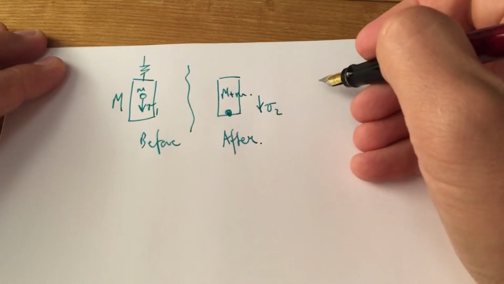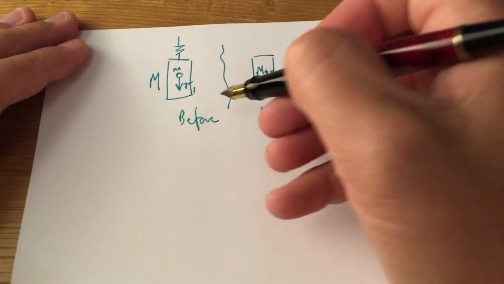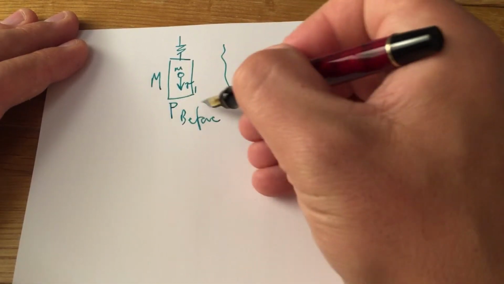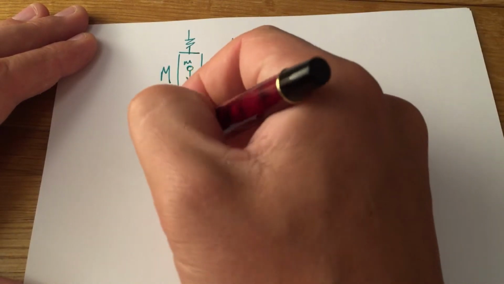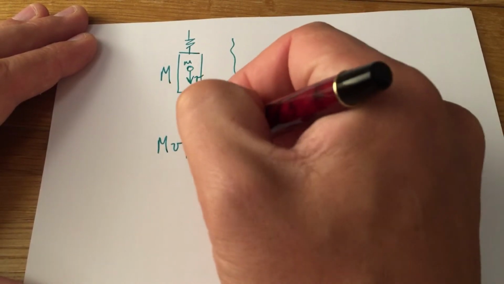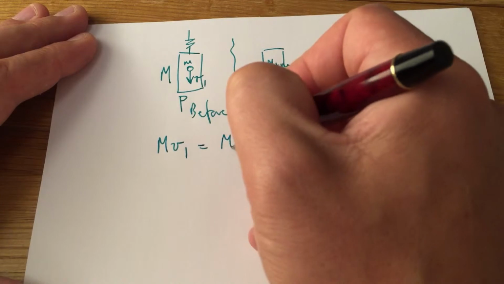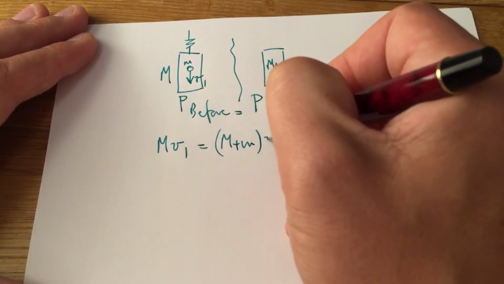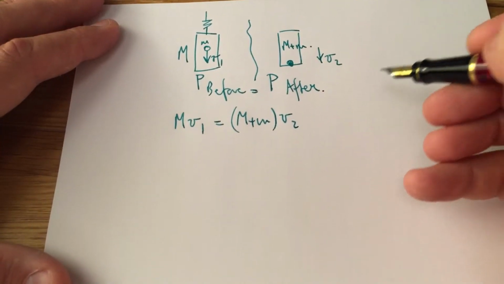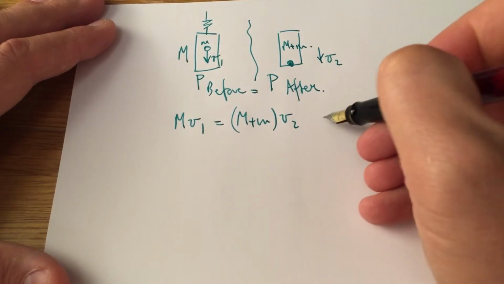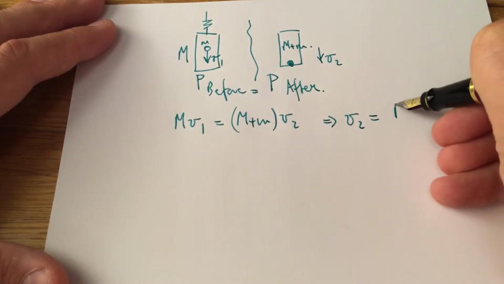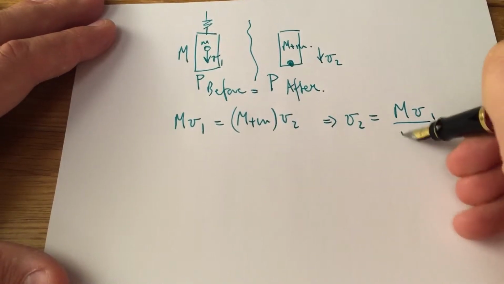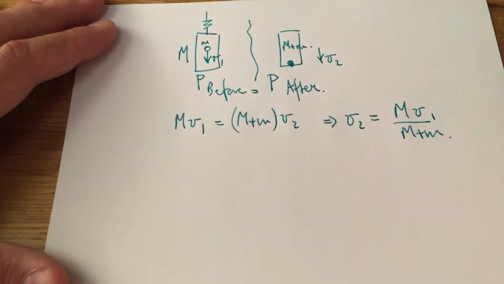Very straightforward bit of momentum theory. Momentum before the collision must equal momentum after the collision, so therefore m v1 equals (M plus m) v2. We are looking for v2, so therefore v2 is m v1 over M plus m.